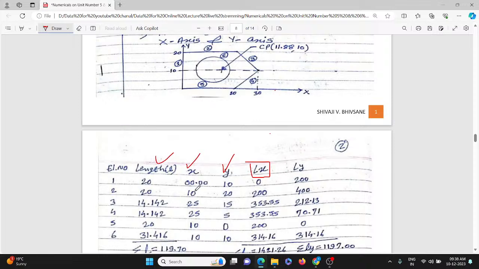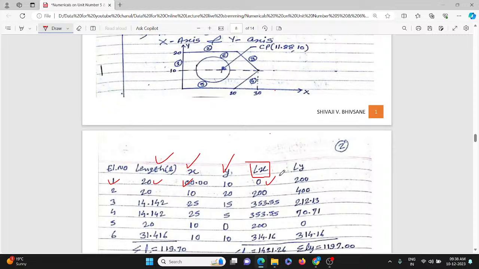What is Lx? That is L multiplied by distance x. For element number 1, L is 20 and x is 0, so obviously Lx is equal to 0.